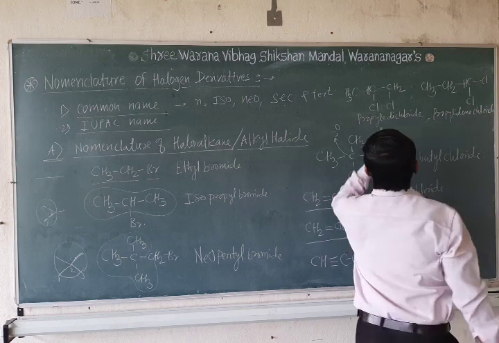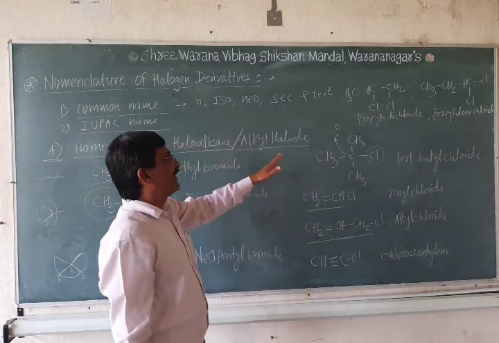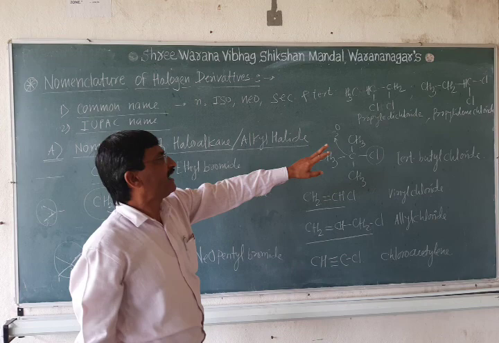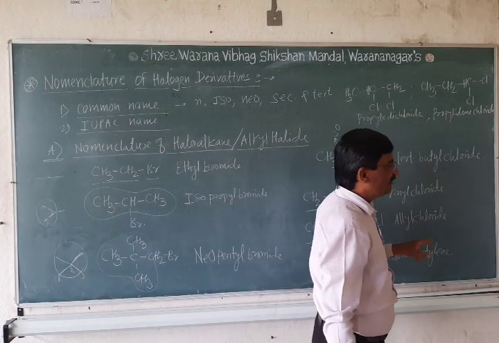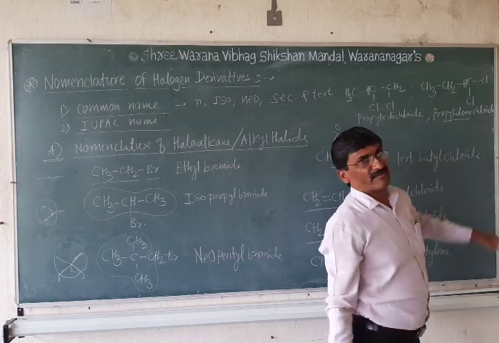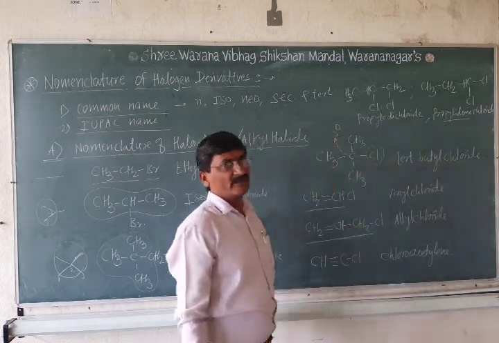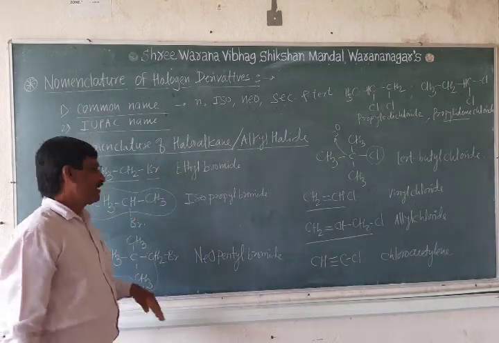That means if two halogen atoms are present in an alkyl halide, the nomenclature is like that: propylene dichloride in case of vicinal, propylidene in case of geminal. It is possible to write the common name in case of an alkyl halide.